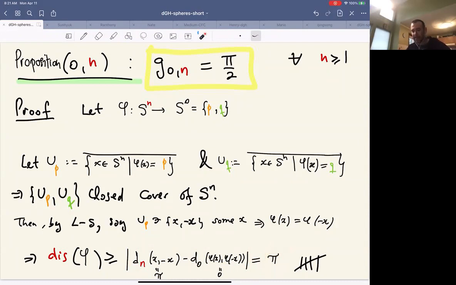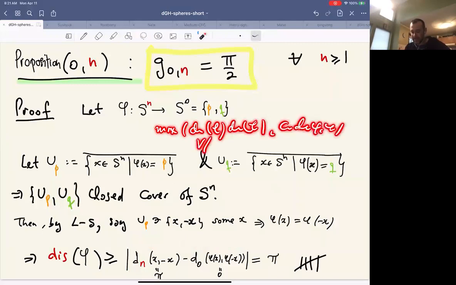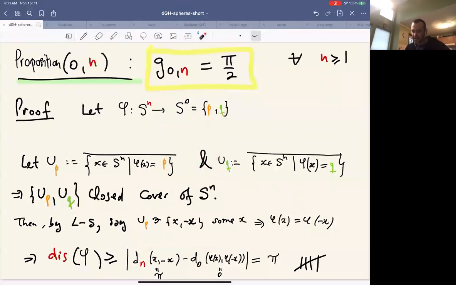Now recall the Kalton and Ostrovskii expression for Gromov-Hausdorff, which was a max of the distortion of phi, distortion of psi, and the co-distortion of phi and psi. So I already proved that this one is larger than pi. And of course, we had previously that d_GH(S^0, S^n) was bounded by pi/2. So this concludes that the distance must be equal to pi/2 for every n.